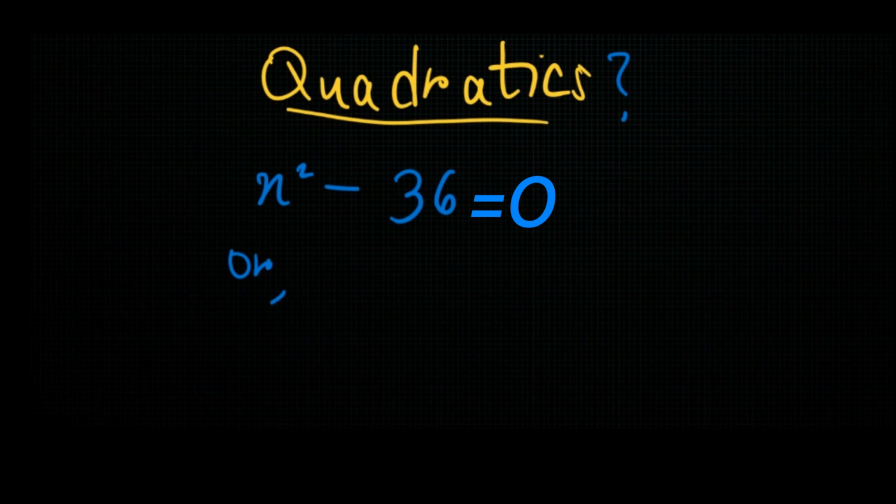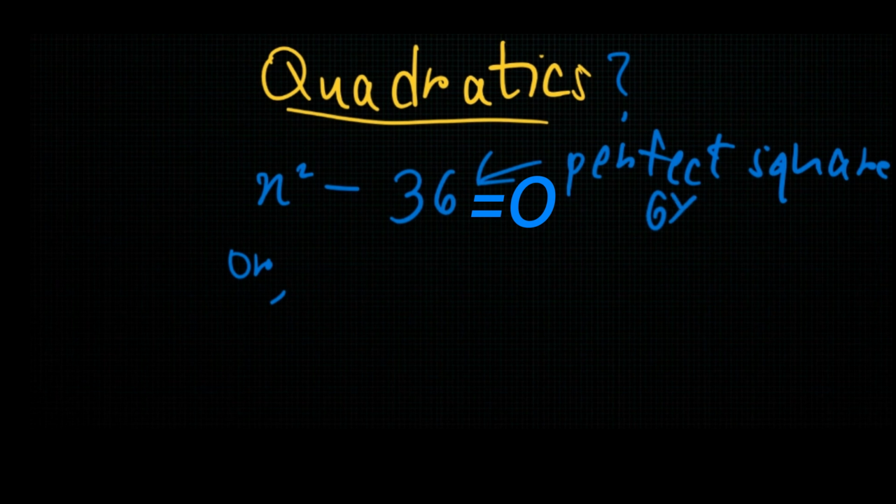So what is the next step? Well, notice this number here is a perfect square of 6, because 6 times 6 equals 36. And this over here is also a perfect square, because x times x equals x squared.